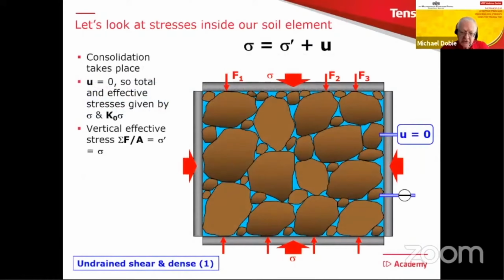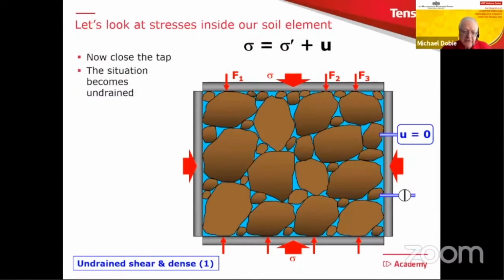So here is our soil element again. And you can see I've made it look very dense. Lots of soil particles in there, not much room to move at all. And if you look at the system at the moment, the tap is open. So it's consolidated. And if it's consolidated, U must be 0. And you can see the water dripping out.